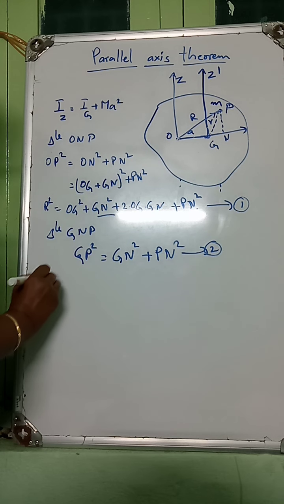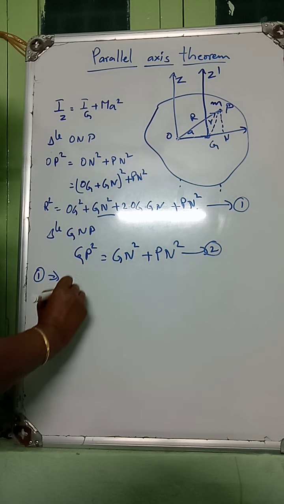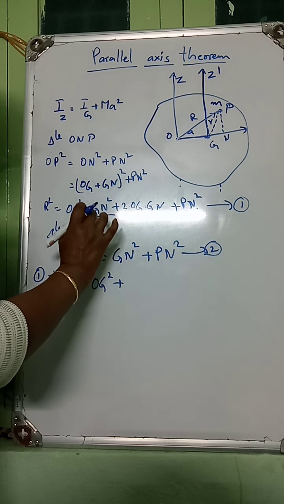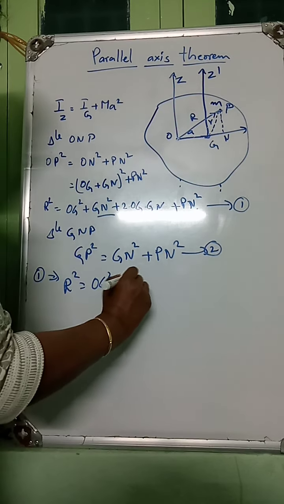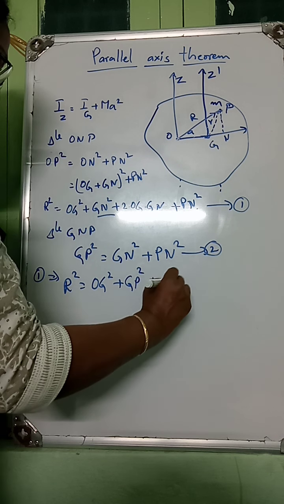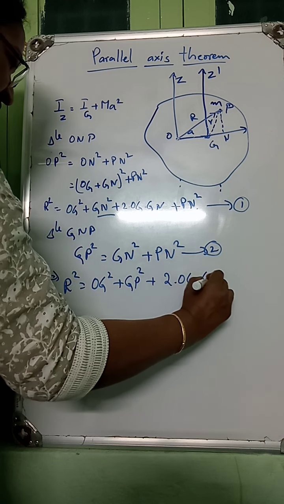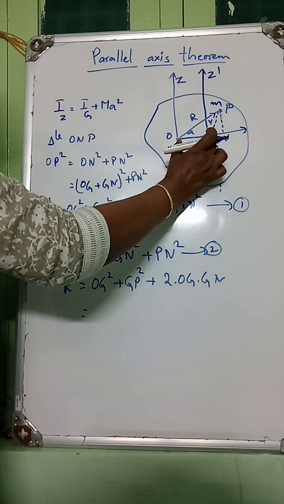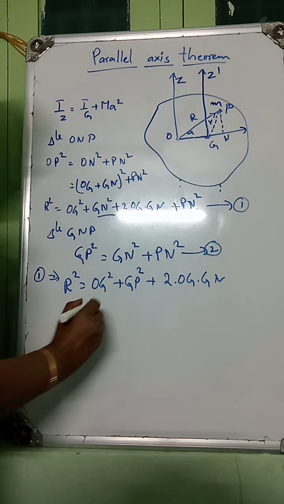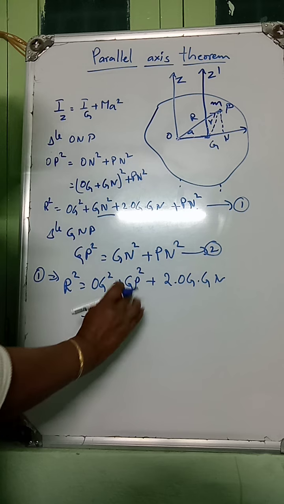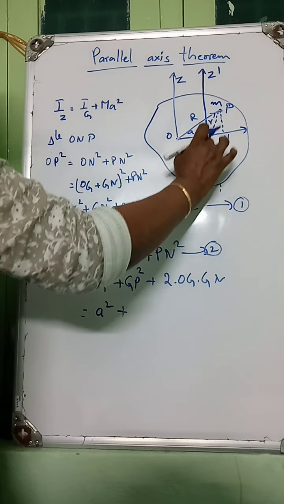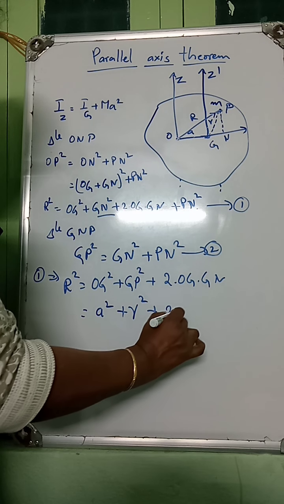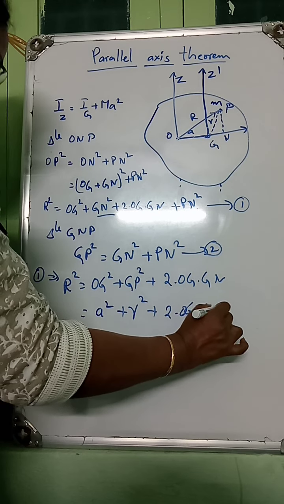Now equation 1 implies R square is OG square, and instead of GN and PN, write GP square, plus 2 OG into GN. What is OG? A, the distance between the two parallel axes, so A square. What is GP? G to P is small r, so r square, plus 2 OG into GN.